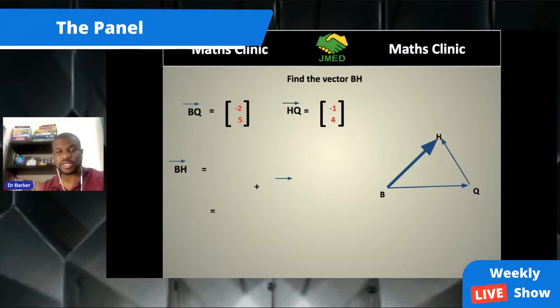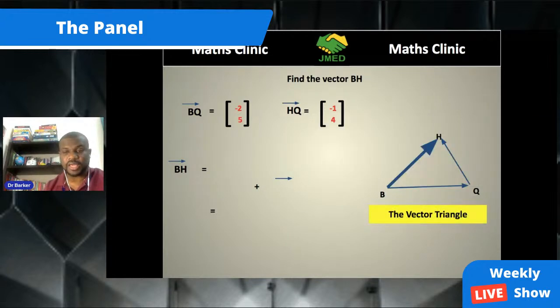And I spoke to you about that trick. That will help you nicely here. So we know that BH is equal to BQ plus QH. We know that because that's the outcome. BH is going B to Q and then from Q to H to get us to that point.